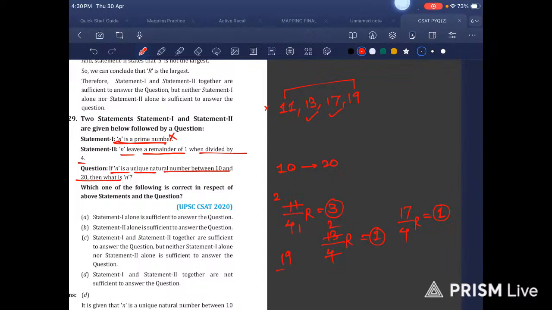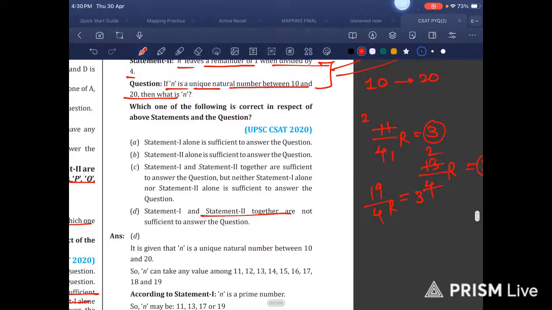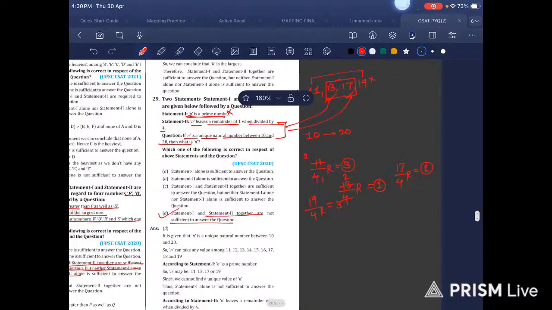And 19 divided by 4: 16, 17, 18, 19, remainder is 3, so this is not correct. So we have two numbers. If we combine these two statements, we have two possibilities, either 13 or 17. So the answer is neither. Statements 1 and 2 together are not sufficient to answer this question. That is it for question number 29.